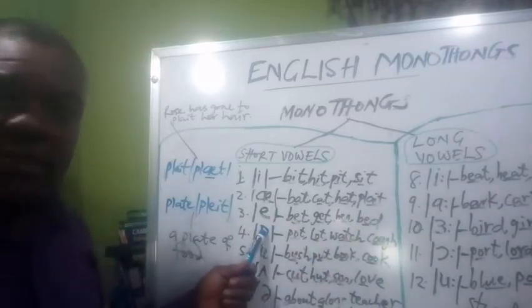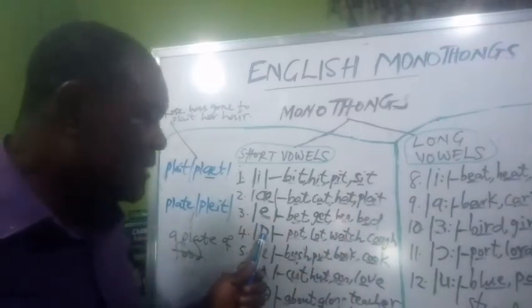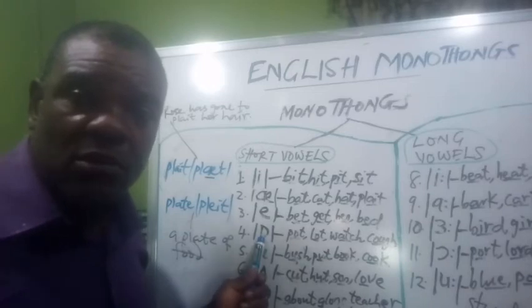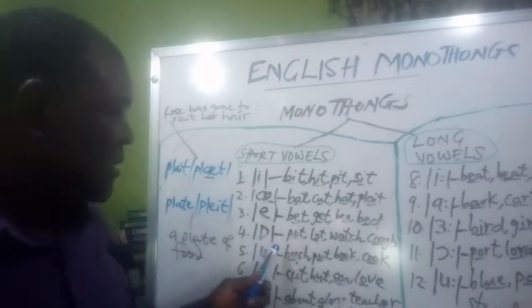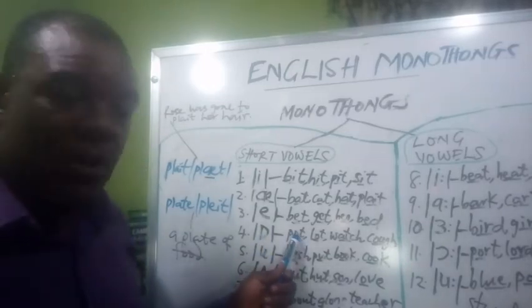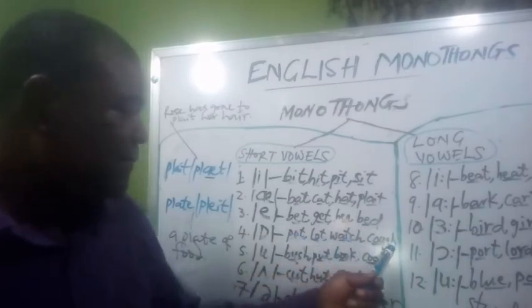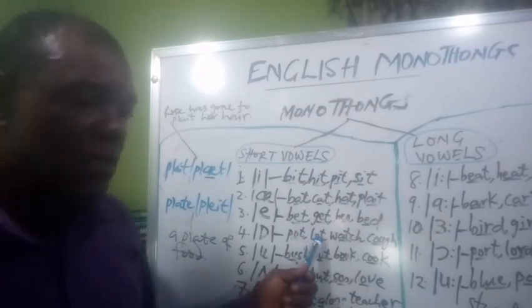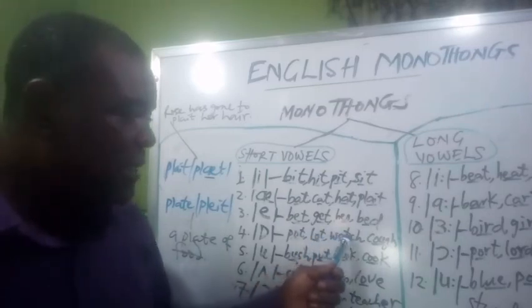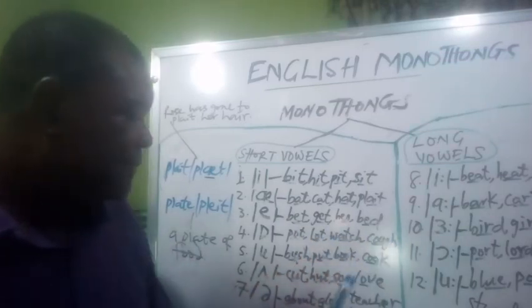The fourth one is the short O sound, and it is pronounced O, O. It occurs in words like pot, lot, watch, and cough.